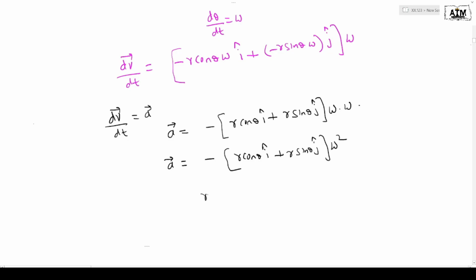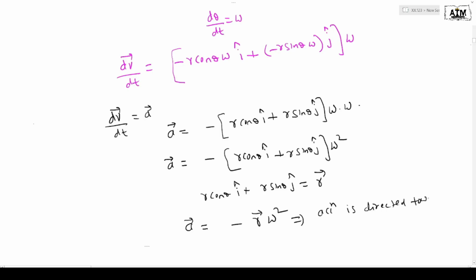And we already know that R cos theta i cap plus R sin theta j cap equals vector R. Therefore the expression for acceleration in circular motion is vector A equals minus R omega square, which implies acceleration is directed toward the center of the circular motion.